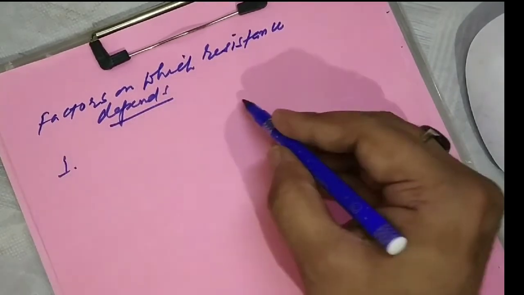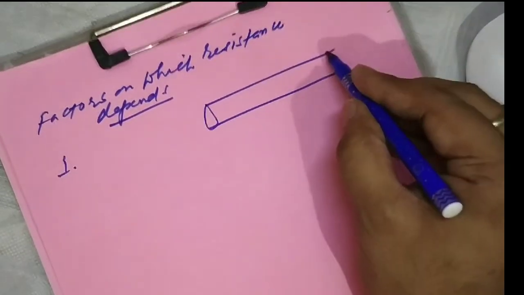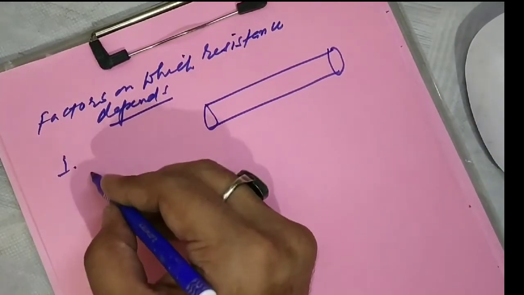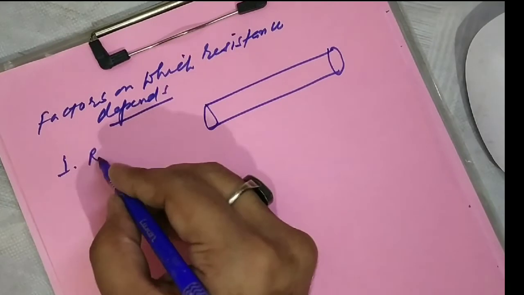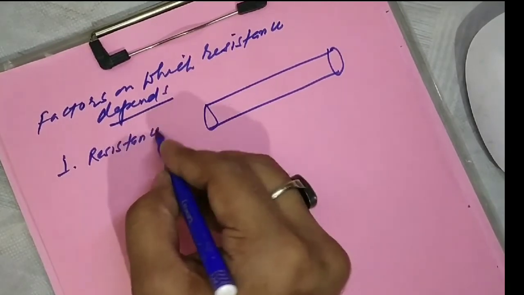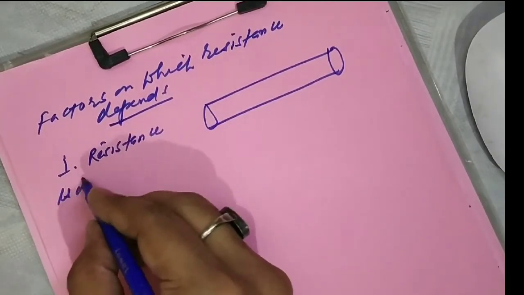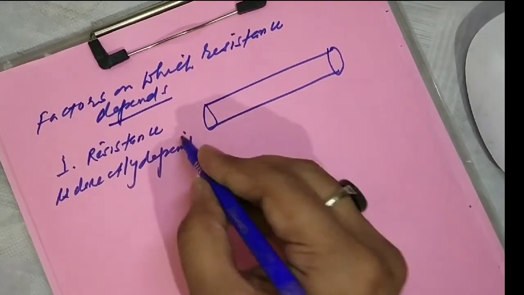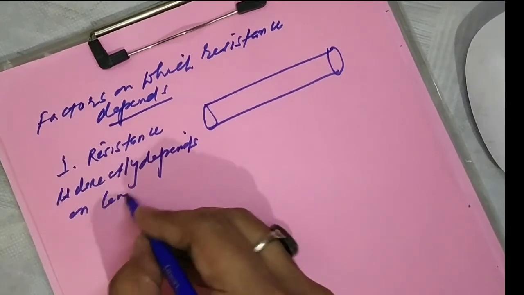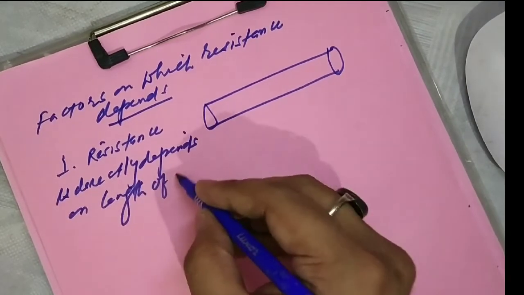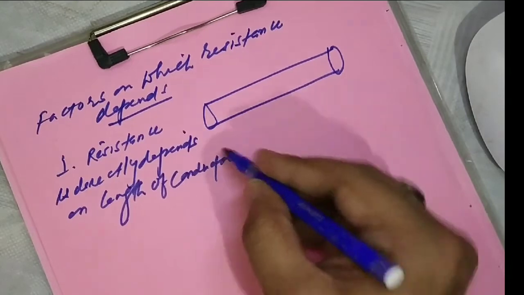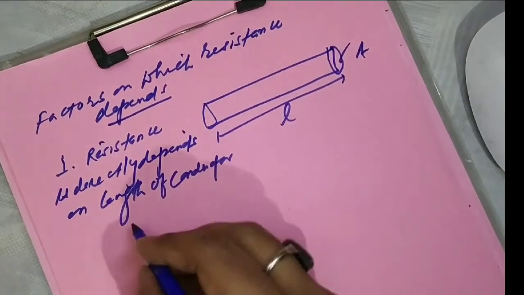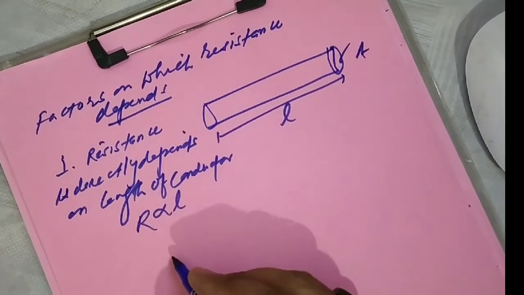So number one is length. Resistance directly depends on the length of the conductor. So R is directly proportional to L.